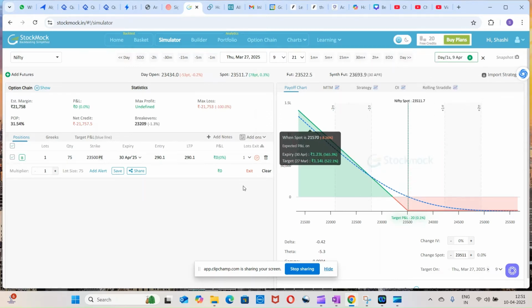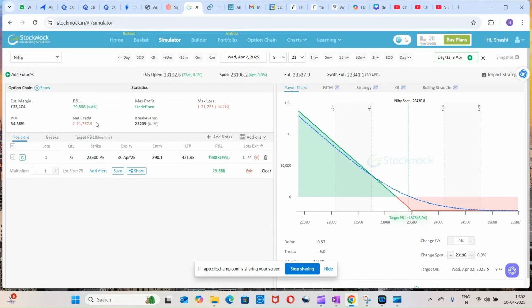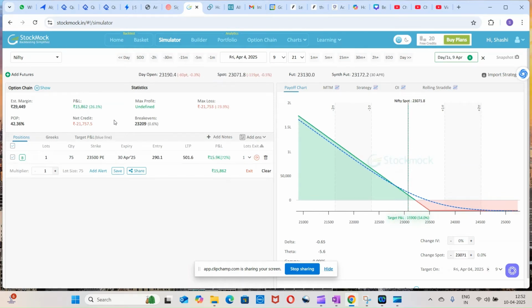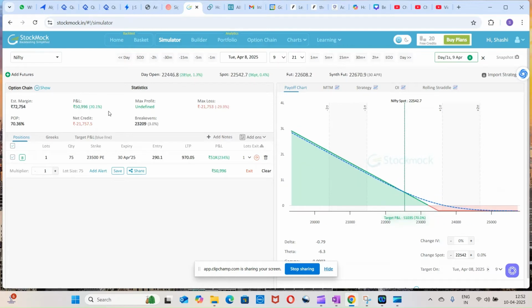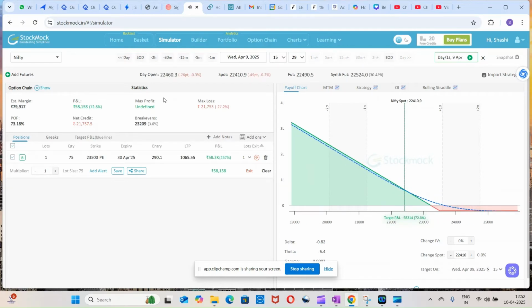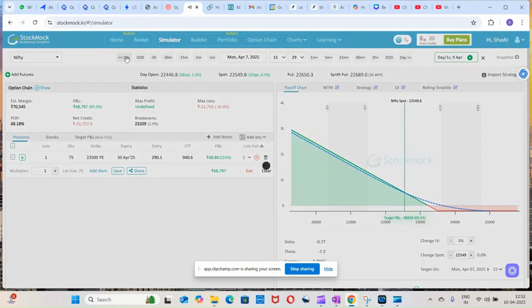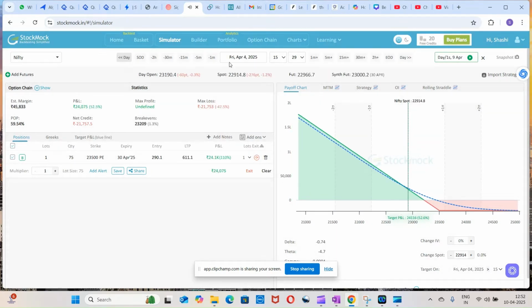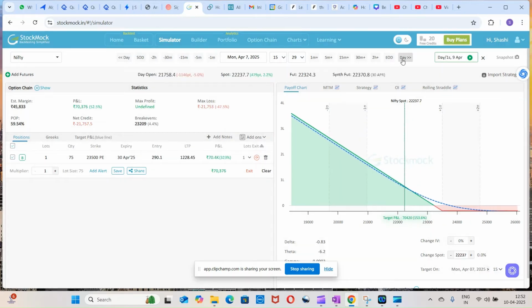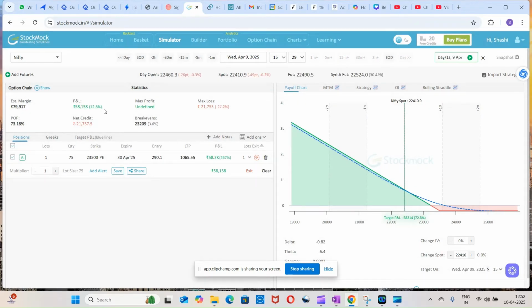Initially it is giving a loss, but then it went into profit as the market went in your direction. There was a day where you made around 70,000 to 1 lakh. But at the end of expiry, it's around 58,000 profit. This is not a hedged position, so only if you are okay with losing all the capital should you take such trades.